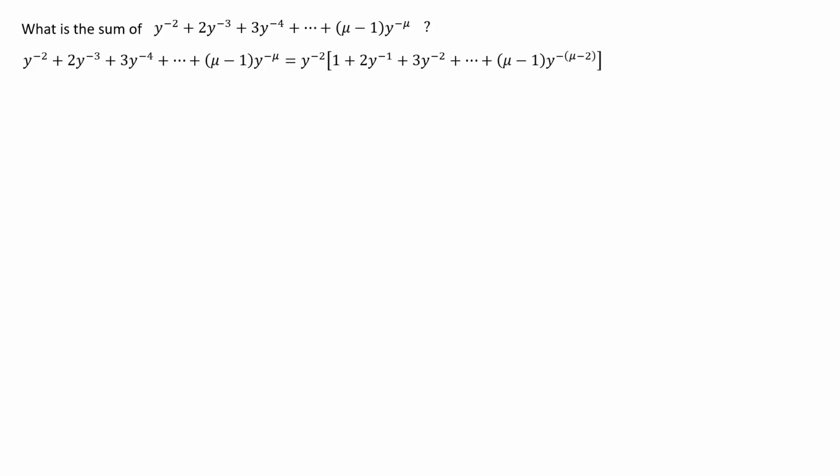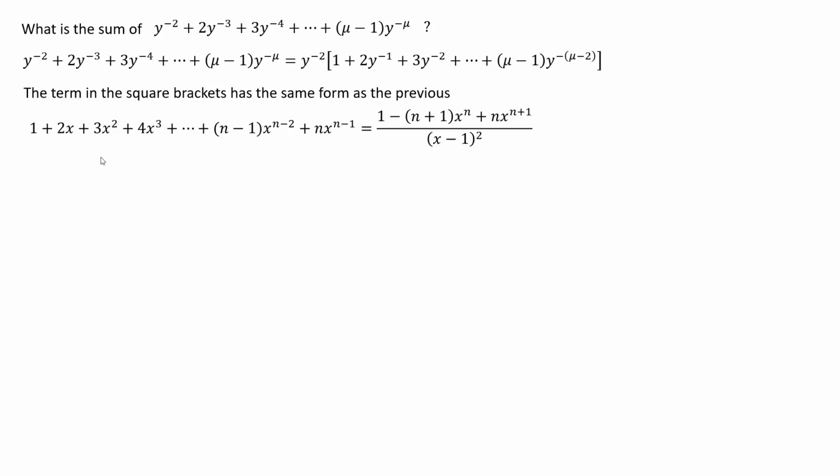So for that, I notice that once again, I can factor out a y to the negative 2. And if I do that, this is what I end up getting inside. The term in the square brackets has the exact same form as what we did before: 1 plus 2x plus 3x squared plus 4x cubed plus so on, all the way up to nx to the n minus 1. Would you agree with me?